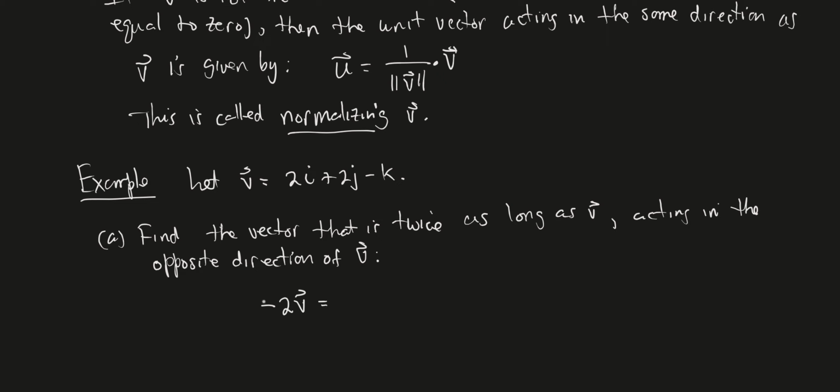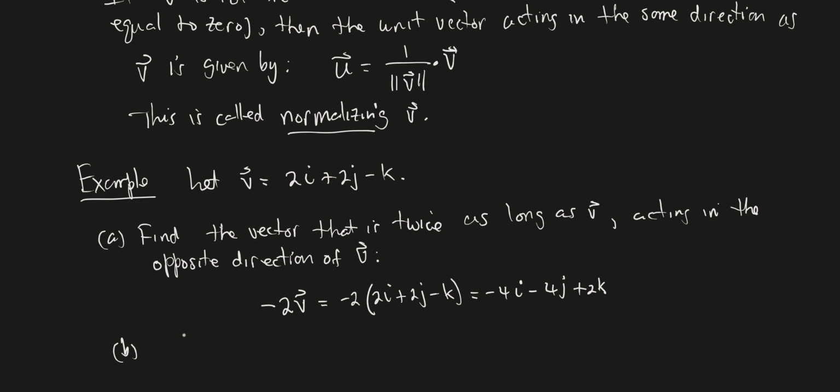The negative takes care of the opposite, and the 2 takes care of the twice as long. So this is negative 2 times 2i plus 2j minus k, and that's the vector negative 4i minus 4j plus 2k.